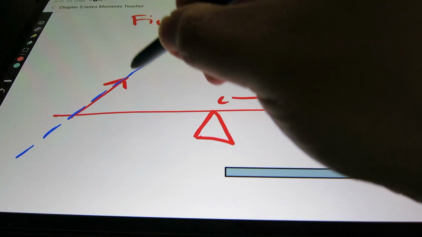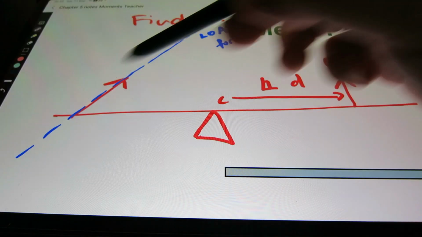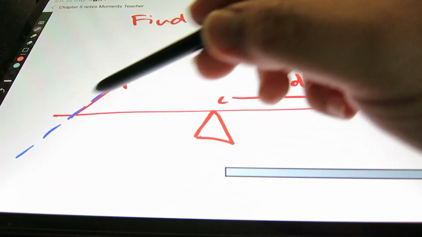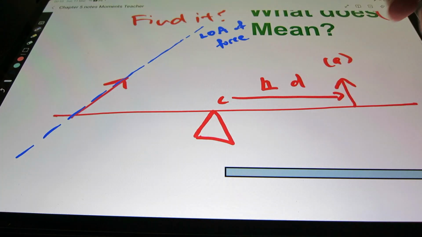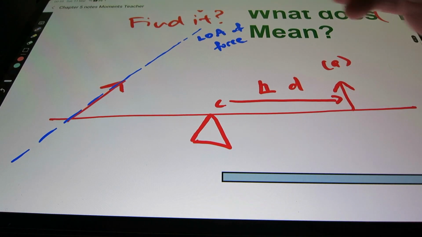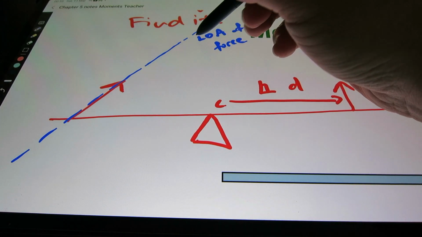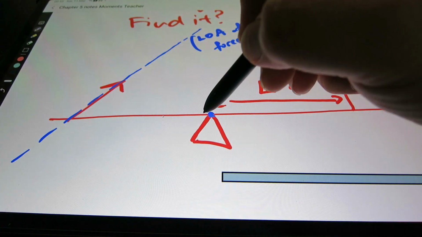This is the direction of the force. This is the line along which the force acts. So I say again, this is the line, or rather the direction, in which the force acts. So all I now need to know, if you look at the definition, is the perpendicular distance between the line of action of the force and the pivot point here. The perpendicular distance is the shortest distance between this line and this point.